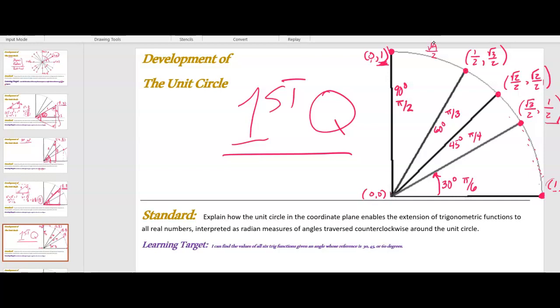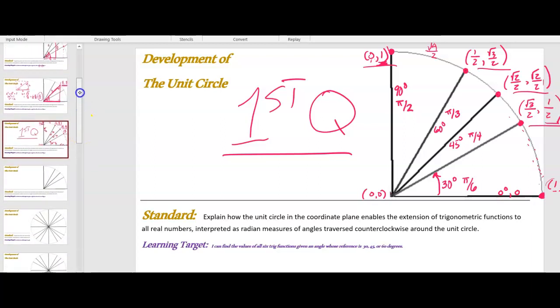And this is 0 degrees or 0 radians. Okay, so you know all those angles. All of those angles you're going to commit to memory. All of those radian angle measures you're going to commit to memory, and all of those points you're going to commit to memory. That's our goal, is to know the unit circle angle-wise and point-wise for those 30s and 60s and 90s.